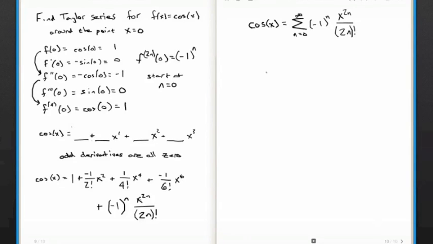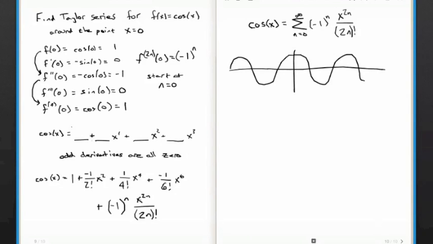Now it's interesting to note that my powers of x are all even. Now let's look at what cosine looks like. If I draw a quick plot of cosine, it starts here and it goes down, it goes up, and then it goes down, and on this side it goes down and up. So this is symmetric about the y-axis here.